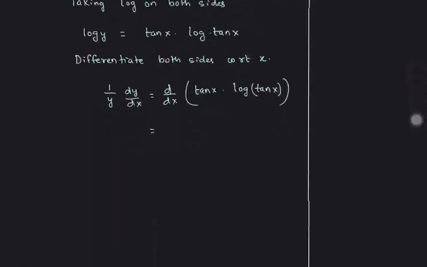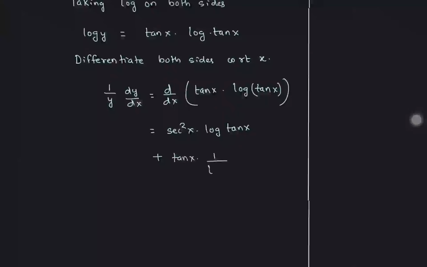Now if you simplify this, you need to apply the product rule on the right hand side. So differentiation of tan x is sec square x multiplied to log of tan x plus, now considering tan x is constant, you will take the derivative of log of tan x.